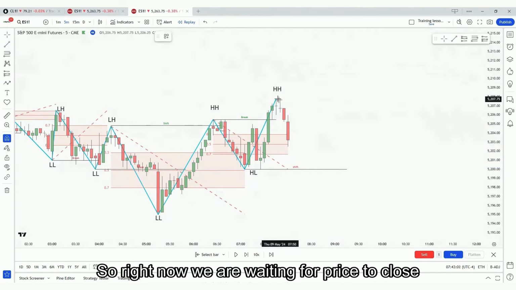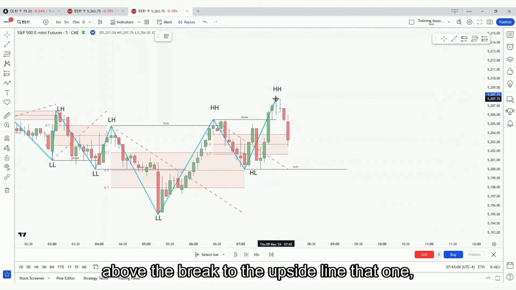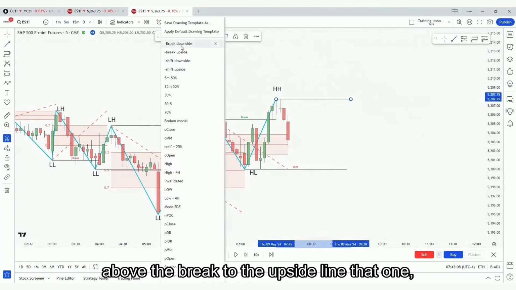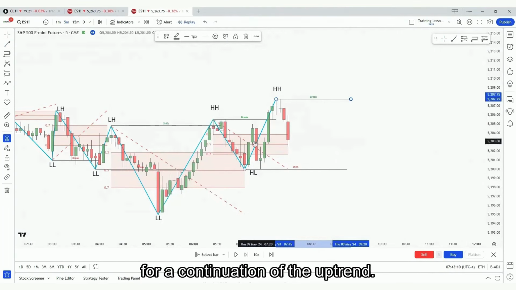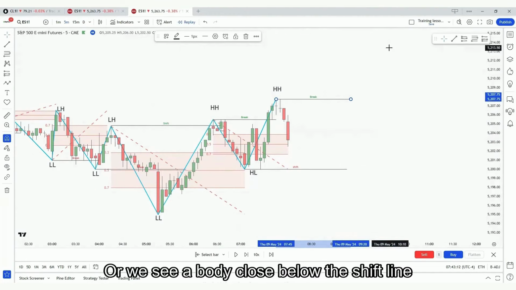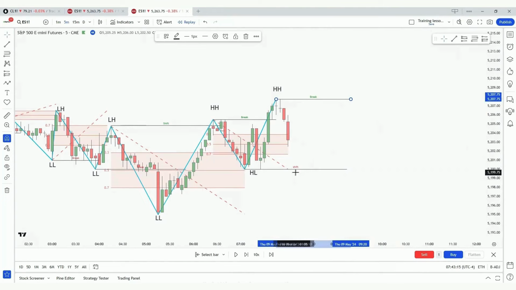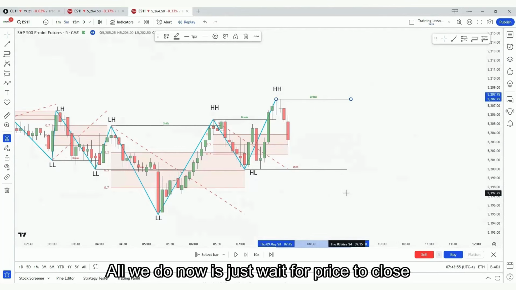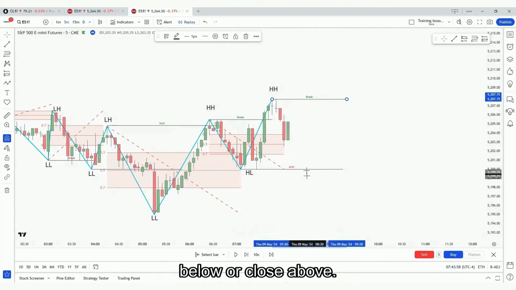So right now we are waiting for price to close above the break to the upside line. That one. For a continuation of the uptrend, always see a body close below the shift line for a shift into a downtrend. All we do now is just wait for price to close below or close above.